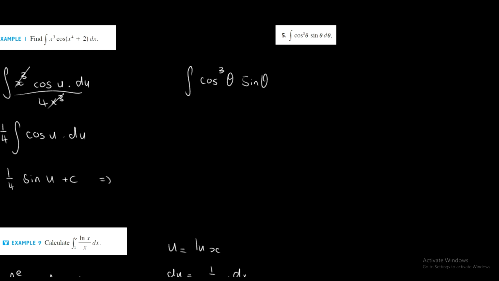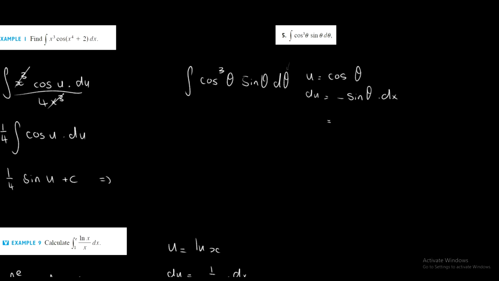So in this case, we can set cosine theta equal to u. So the differential of cosine theta is negative sine theta times d theta. Sorry, that's supposed to be d theta. That just means we're integrating with respect to theta.